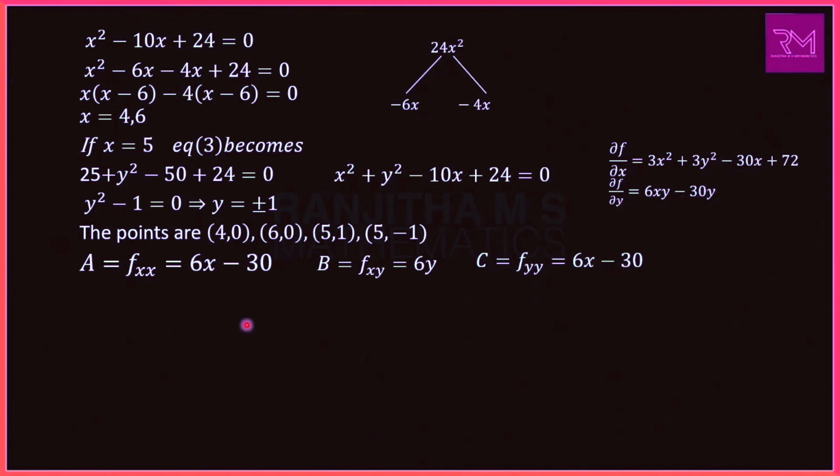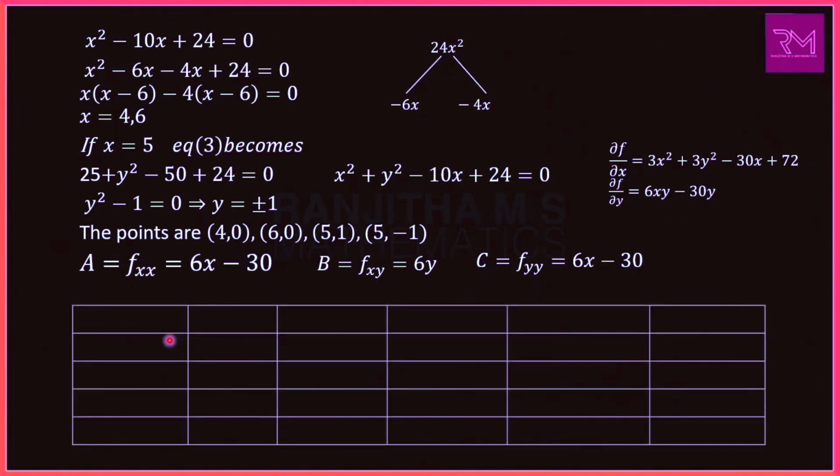After obtaining A, B, C, we have to construct a table containing 6 rows and 5 columns. Since we have 4 points, take the points as (4, 0), (6, 0), (5, 1), (5, -1). A, B, C values we have to find and AC minus B square values we have to find. Here to find A value, substitute x value as 4 and y value as 0 in A value.